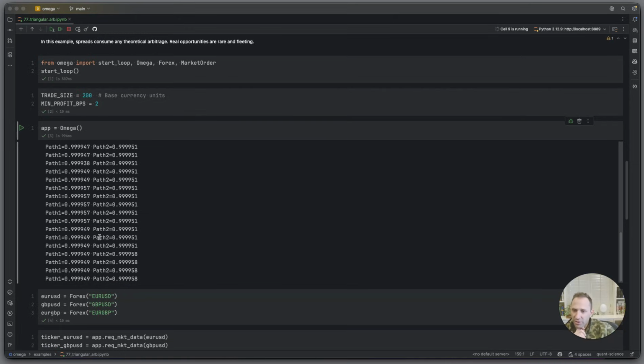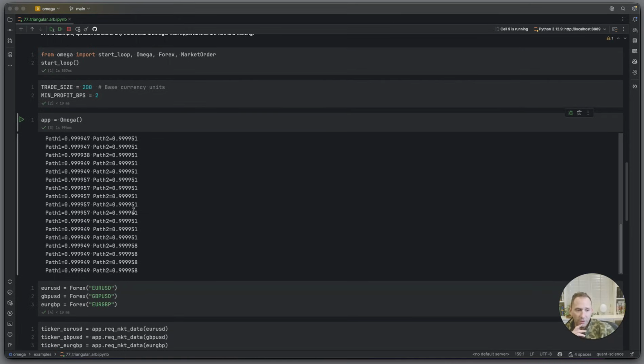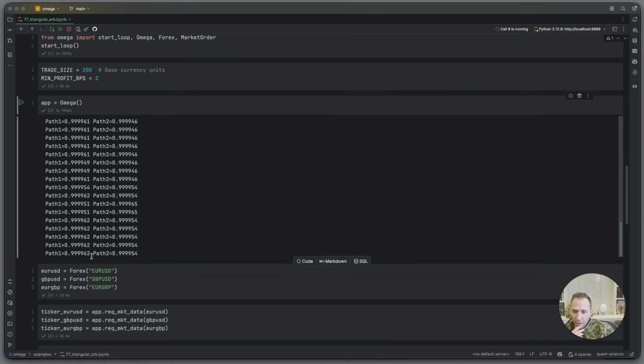So the changes in pricing, or the paths as we're calling them in this case, is a reflection of the updated market prices. Now what we're looking for is a scenario where one of these numbers is greater than 1. In that case, that's where we actually will execute a trade. You can see we're a little bit far off from that, 57 and 63.